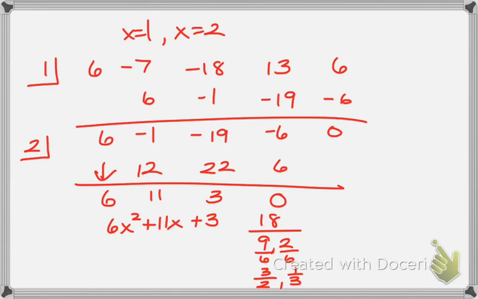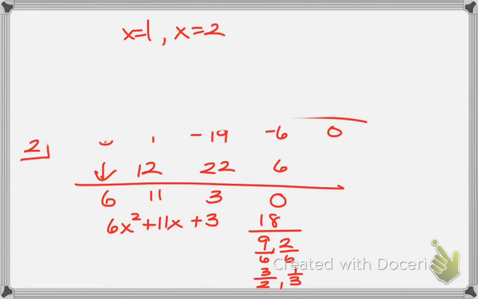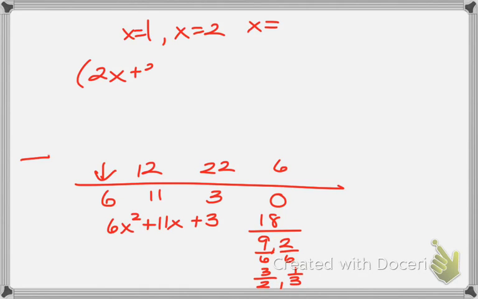All right, so let's put this all into factored form. So my zeros are x equals 1, x equals 2. What do these look like in factored form? Well, these guys down here. So this would be 2x plus 3. This would be 3x plus 1.